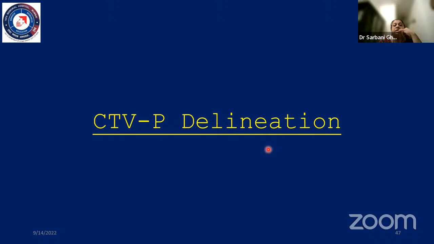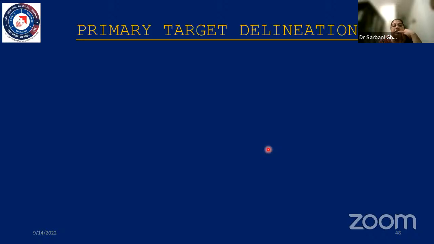Now, coming to the delineation of the clinical target volume. I have a word to say here. I know I'm supposed to do only conventional radiotherapy, but what I would like to emphasize, and that is why I'm alluding to this topic, is that the target volume, whether you're doing 2D, 2.5D, 3D, or IMRT, remains the same.